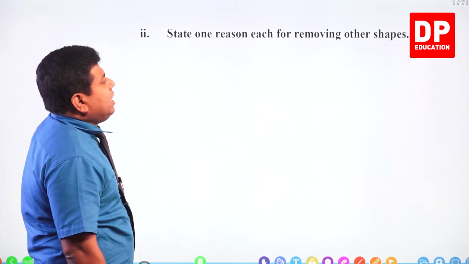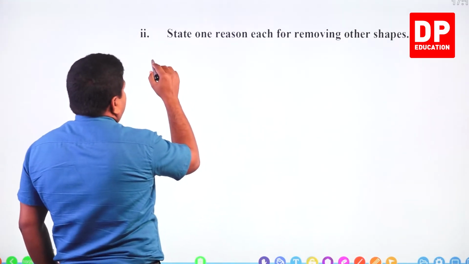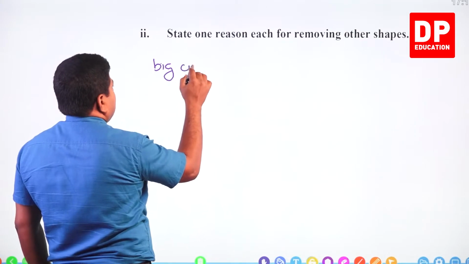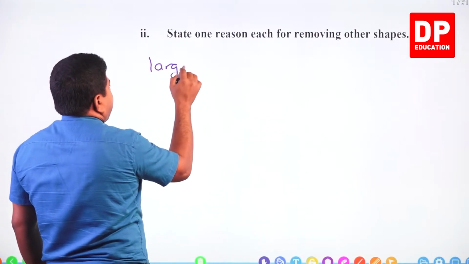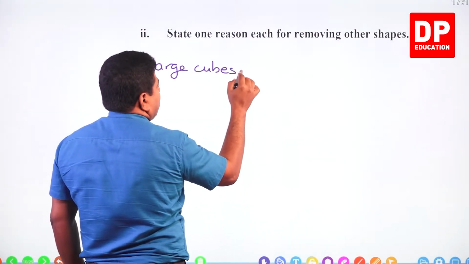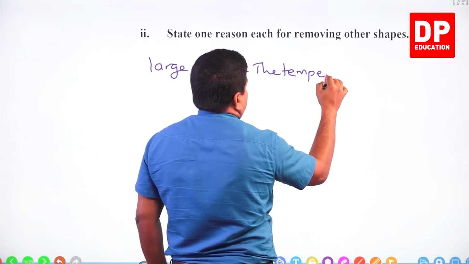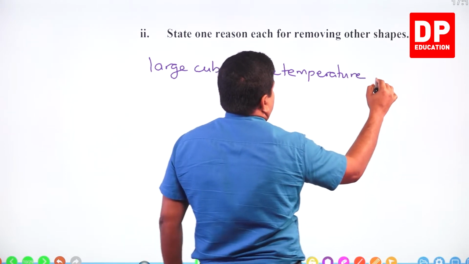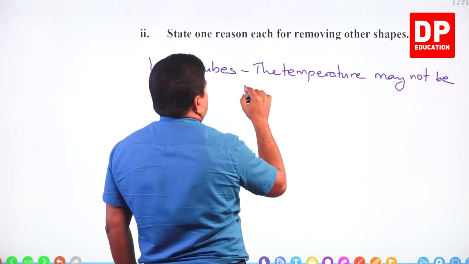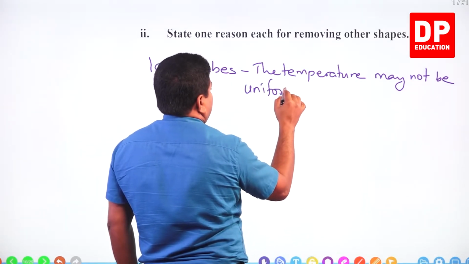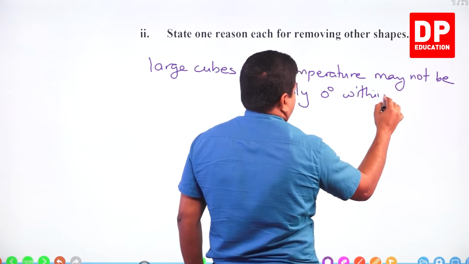State one reason each for removing the other shapes. Okay, we'll mention the reasons. Big cubes or large cubes: the temperature may not be uniform within the ice.